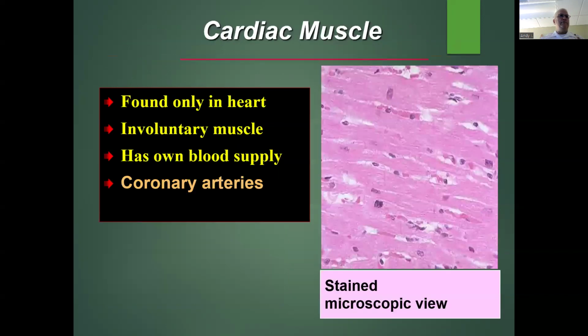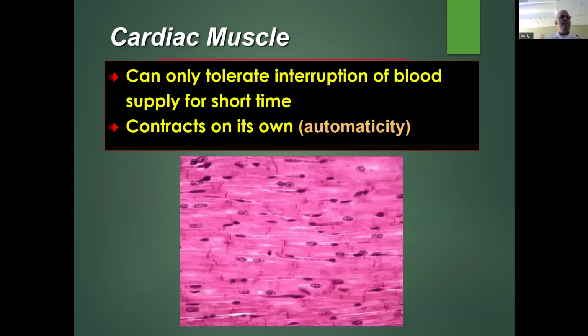In cardiac muscle, these are only found in the heart. This is what amazes me about this particular type of muscle. This is also an involuntary muscle, but the heart has its own blood supply. They are supplied by those coronary arteries that actually fill when the heart is relaxed. When the heart contracts, they're not filled. You got the point.